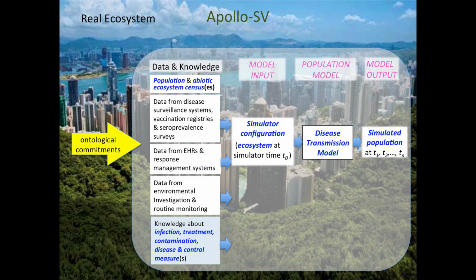These data and knowledge are generated by observational and experimental studies, including censuses of populations, censuses of abiotic ecosystem elements such as reservoirs, disease surveillance systems, vaccination registries, seroprevalence surveys, EHRs, response management systems, environmental investigations, and routine environmental monitoring. The knowledge that modelers use include facts about infections, treatments, contaminations, diseases, and control measures.